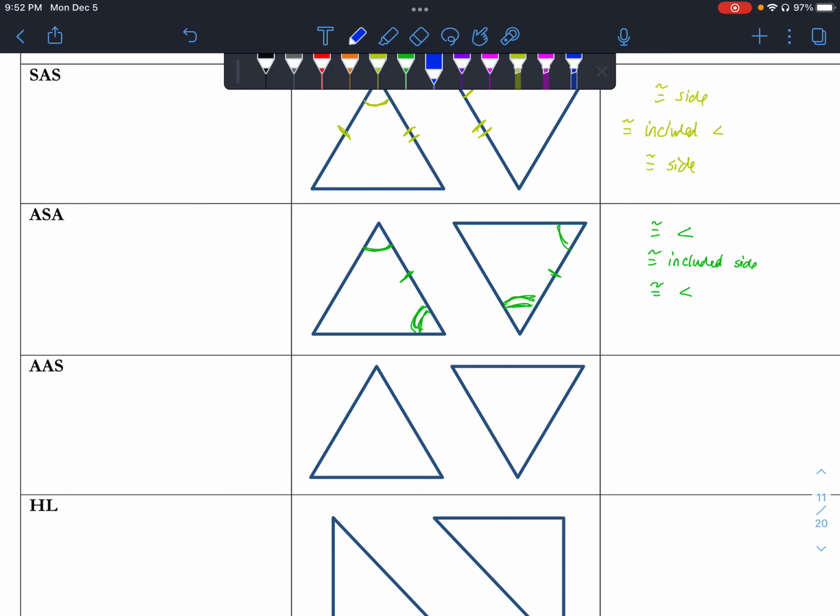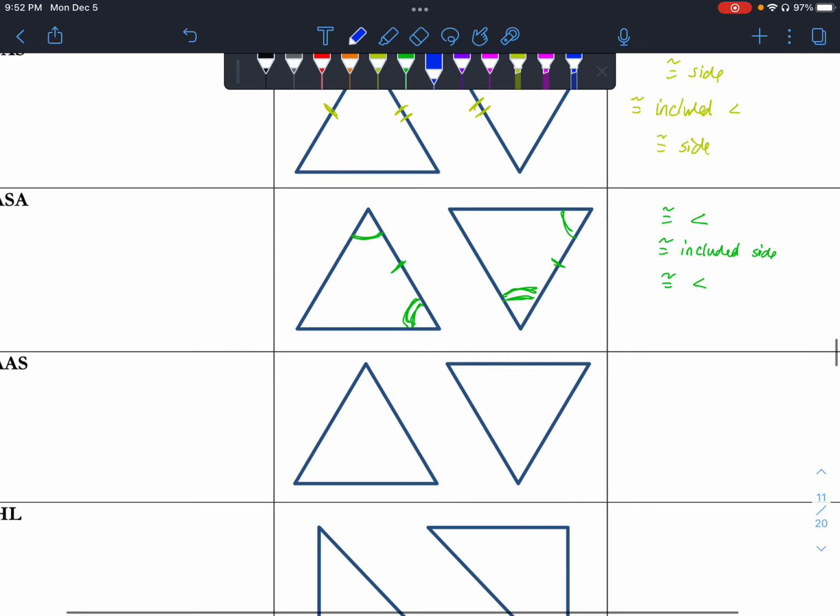Angle angle side. This is where I often look at when you travel around the triangle, you should see these in this order. So it's 2 angles congruent and then the side that's not in between them. So you have 2 options of that. I'm actually going to draw this picture exactly like what we drew right above to show you the difference. Last time we used these 2 sides, which were in between.